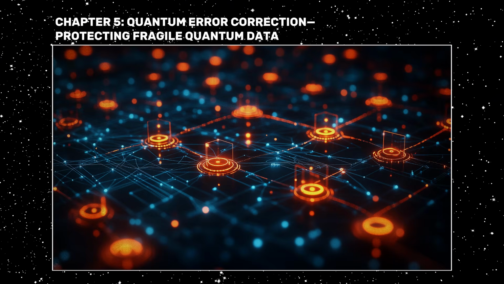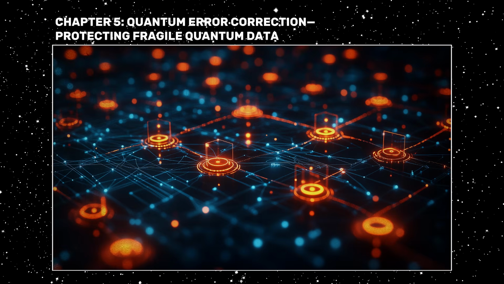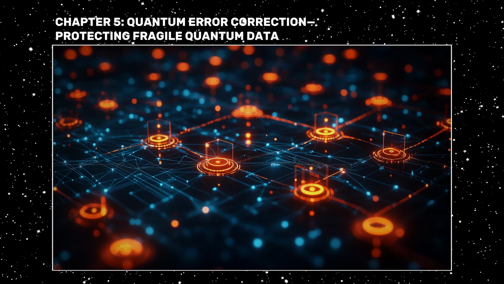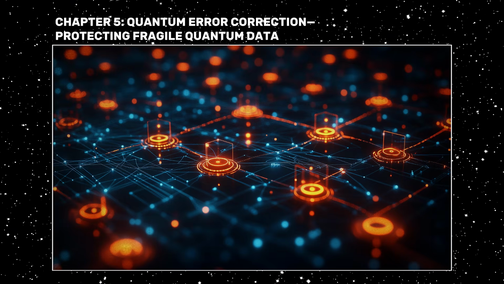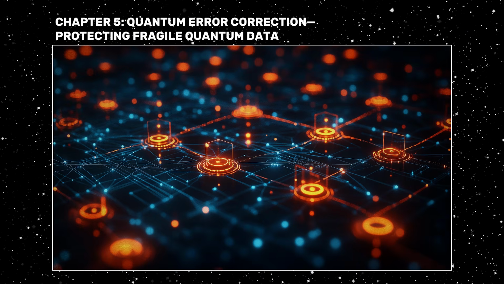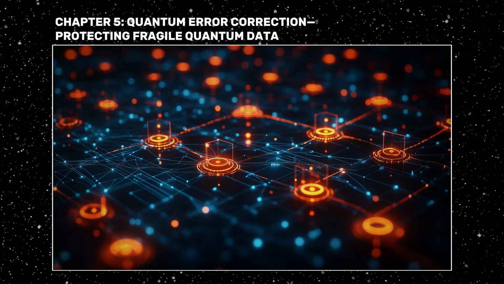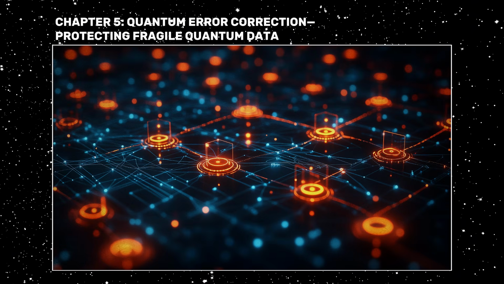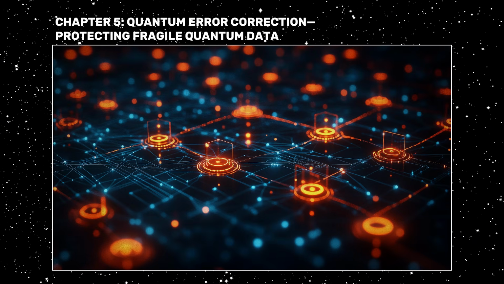In developing quantum error correction methods, researchers confronted two profound challenges stemming from the very nature of quantum information. First, the no-cloning theorem forbids the creation of identical copies of an arbitrary quantum state, eliminating the straightforward strategy of duplicating data for redundancy.